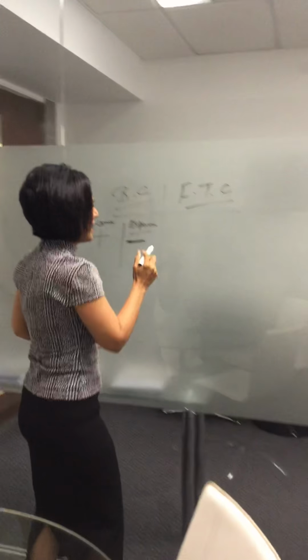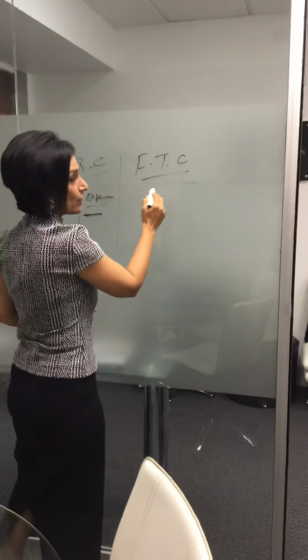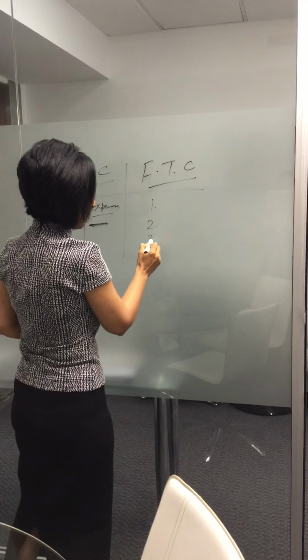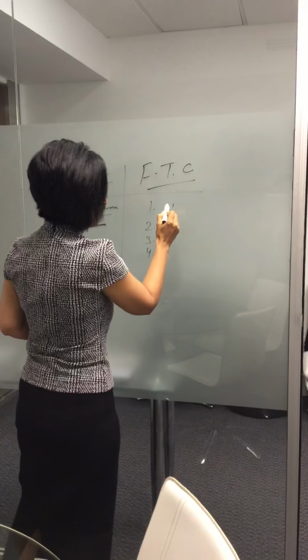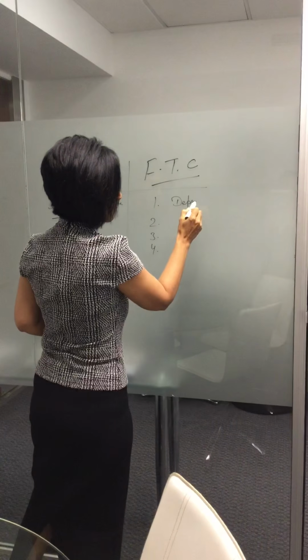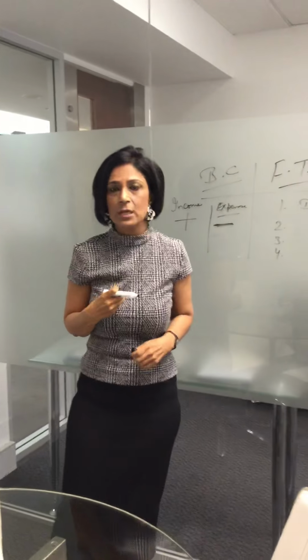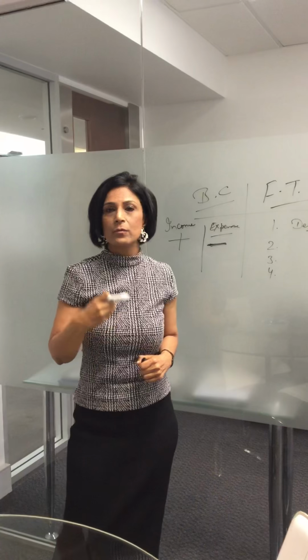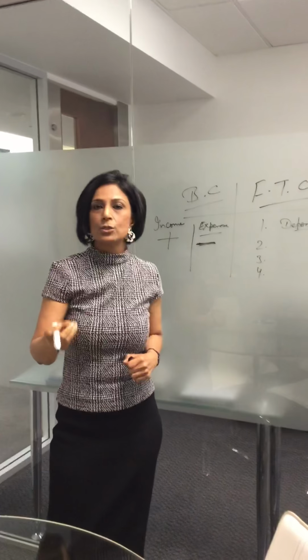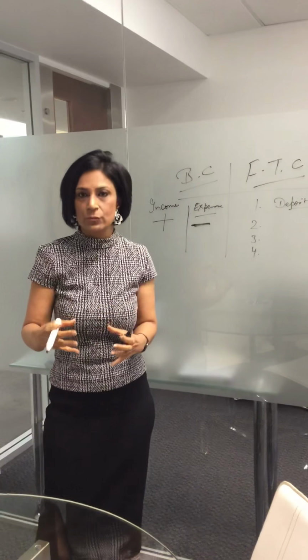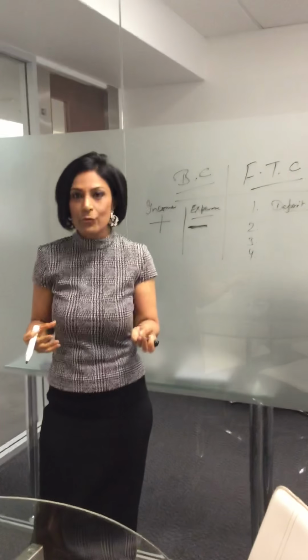Okay. Your FTC, which is funds to complete, is 4 types mainly. One is the main obvious one, which is deposit. Let's say you buy a property worth $100 from me, and I'm the vendor. You're going to go to the bank and ask for, say, $80 for the loan. So $20 has to come from your pocket, right?